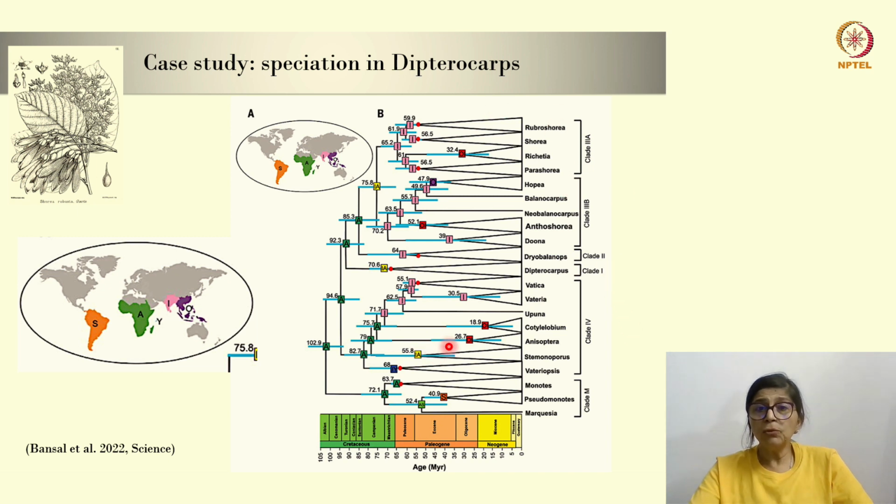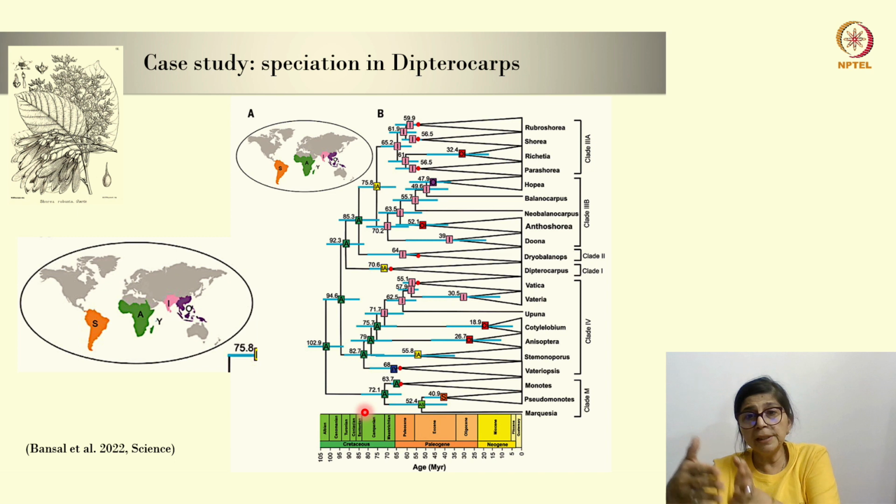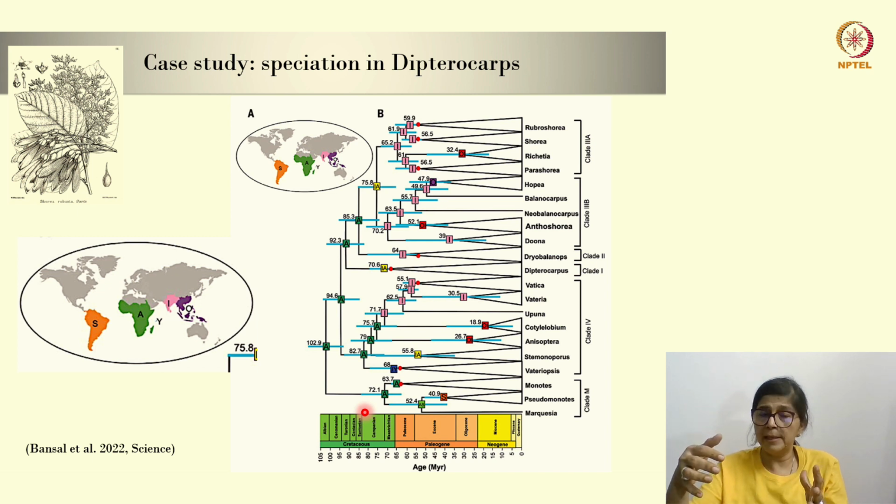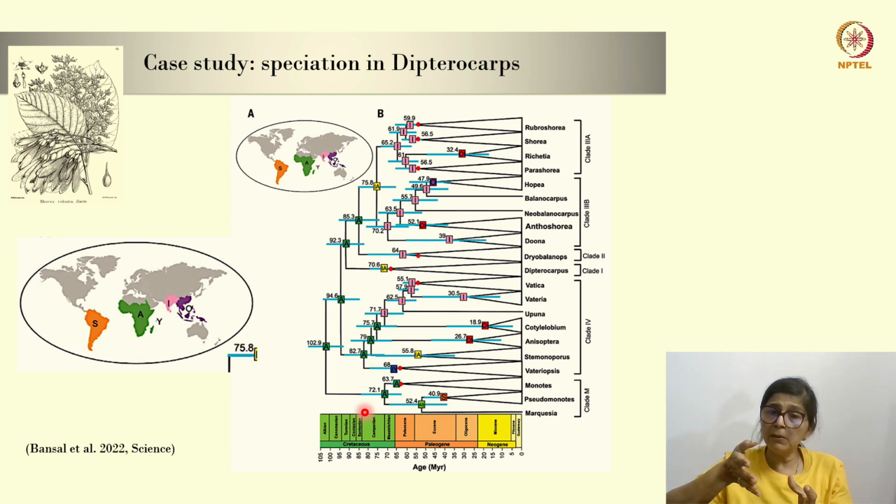So what are the take-home messages from here? One of the take-home messages is you can clearly see that the ancestral population, everything is in green, right? So the ancestral origin was from this African region, which then took over. But then it seems like when the climate was changing, because Africa is drier compared to the Southeast Asian region, the dipterocarps were actually following the climatic pattern.